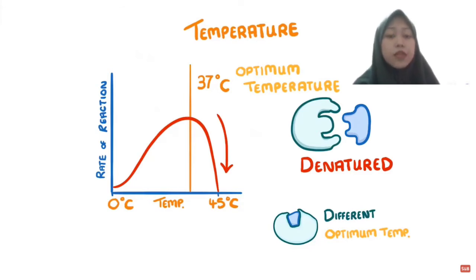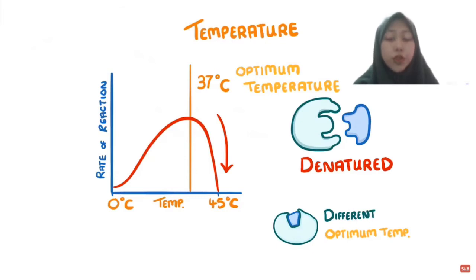This is because the high temperatures start to break some of the bonds holding the enzyme together. So the active site starts to change shape. If the active site changes shape too much, the enzyme won't be able to bind the substrate and catalyze the reaction anymore. At this point, the enzyme has been denatured.